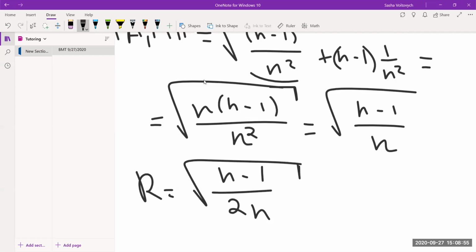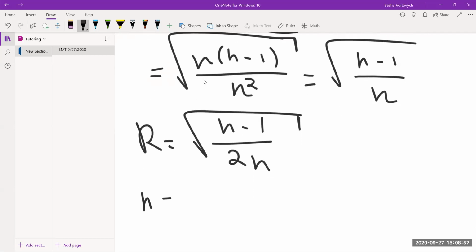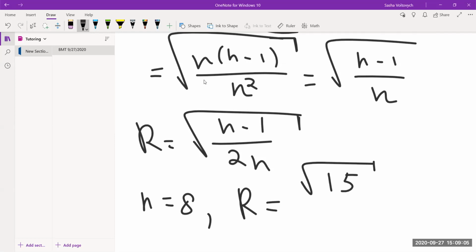So in our problem, n is equal to 8, I think. So the radius will be just root 7 divided by 4. Yeah, and we have just a general formula for n-dimensional space.